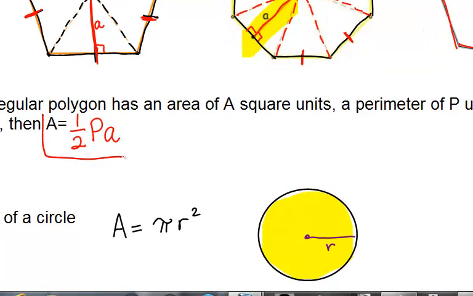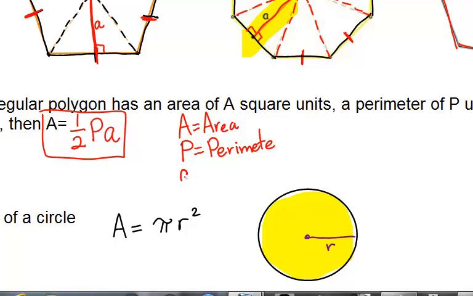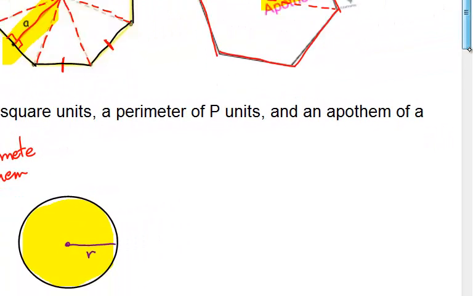So this is the general formula for area of a regular polygon. The uppercase A stands for area. The P stands for perimeter, that's the distance around the outside. And the lowercase a is the apothem. The author also goes back and reviews the area of a circle. Area of a circle is pi r squared.